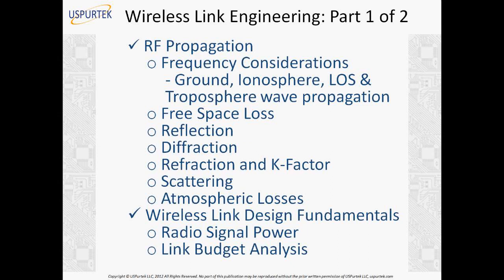We'll talk about frequency considerations and various types of propagation modes that the RF waves go through, and also the various losses that are encountered by RF waves, like free space loss, reflection, diffraction, K-factor, scattering, and we'll also learn about the role of all these losses while doing link budget analysis. So we'll learn a little basics about the link design fundamentals, the role of radio signal power, and how to go about the link budget analysis, along with some practical examples too.